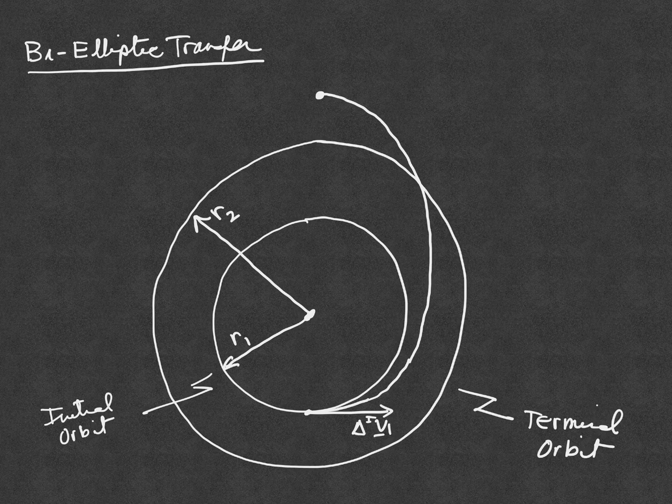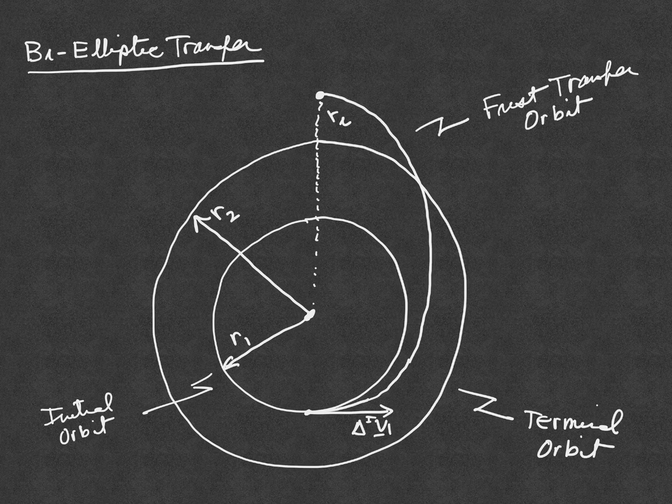So let's label this so that we can see it a little bit clearer. This distance here is ri. That's an intermediate apoapsis, and this is the first transfer ellipse. It's the first transfer orbit. It's an ellipse, and this is exactly half an ellipse.